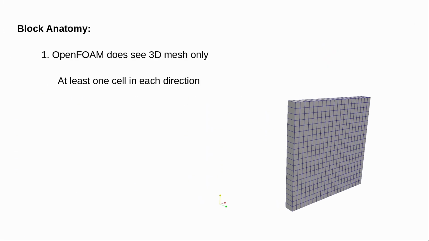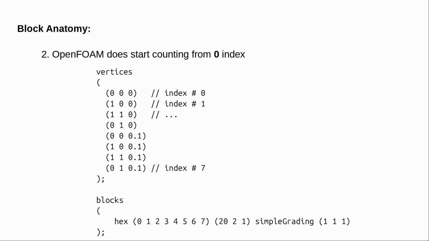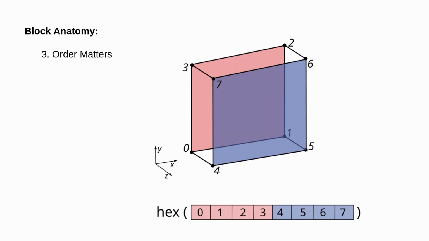Number 2, I think you noticed that the numbering in OpenFOAM starts from the 0 index. So the first vertex here has a 0 index, the second is 1, and so on. The next thing that you need to know is that the order of writing the vertices that generate the block or the domain does matter. If you change the order, it will not work. Let's try.